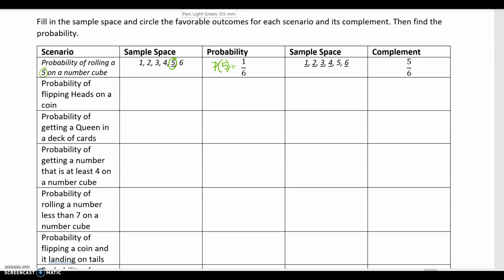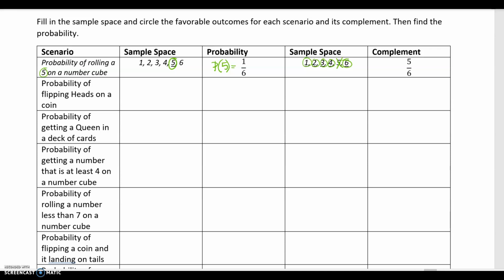And then the complement, if I'm looking for 5, the complement is not 5. So I cross out 5 and I'm looking for 1, 2, 3, 4, or 6. So if I have 1, 1 plus 5 gets me 6. All right, let's try the next one.